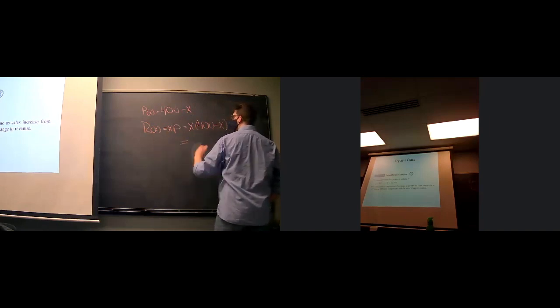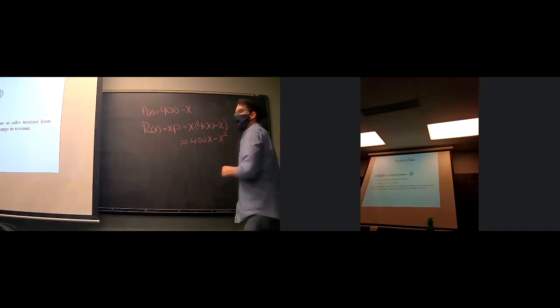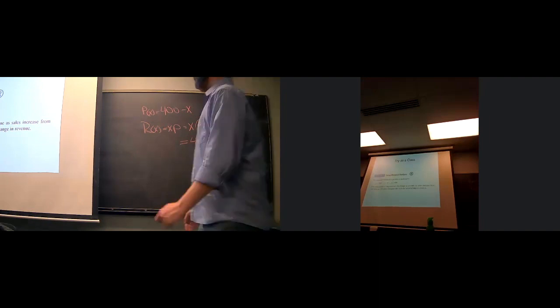So our revenue function is going to be 400x minus x squared. We're going to say that dx is going to be about 1.